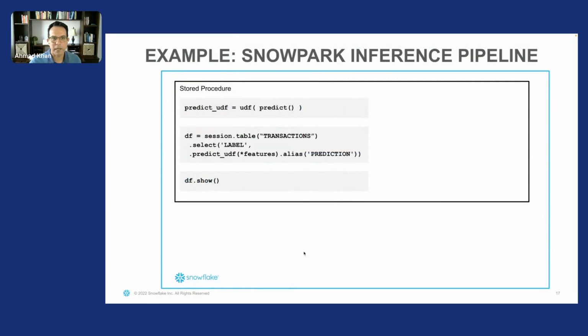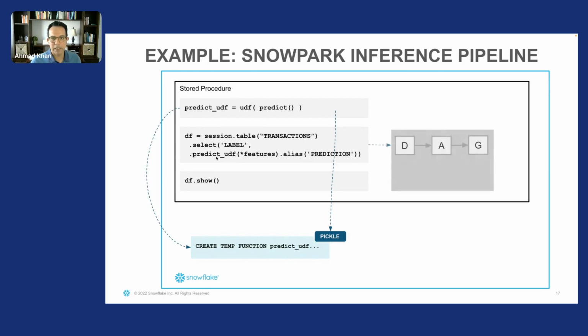Here's a quick example. I have all these cells, and I have a UDF. I can take that UDF and push it down to Snowflake, and then I can use that predict UDF in my data frame operation, and it will lazily evaluate that and produce a SQL statement in the end that runs.